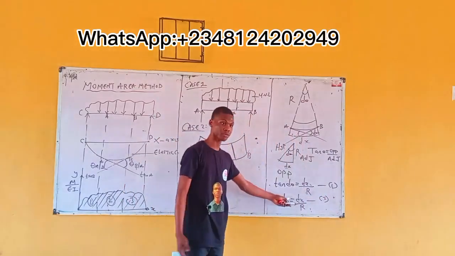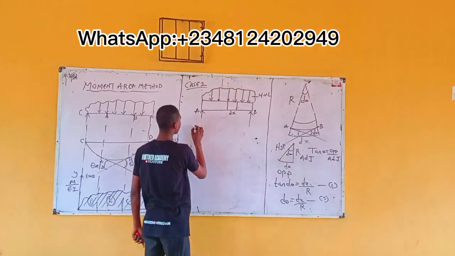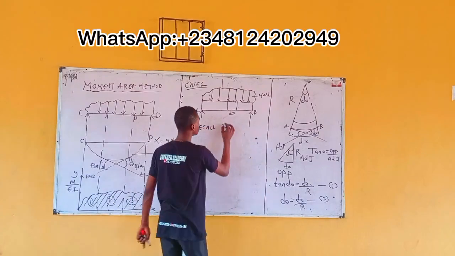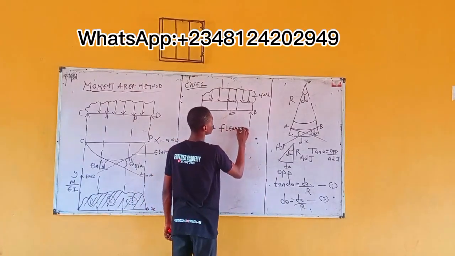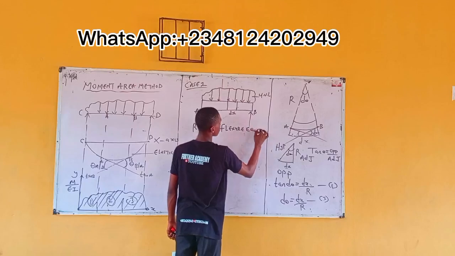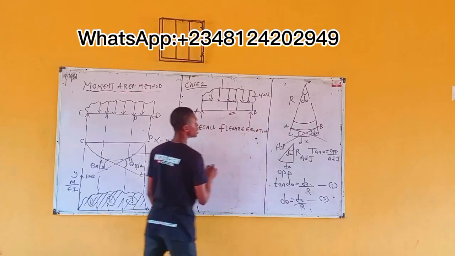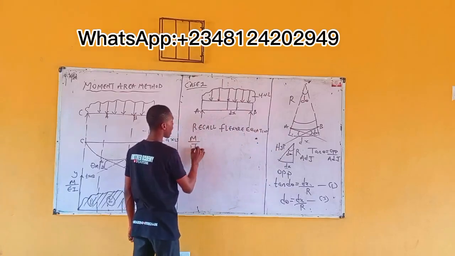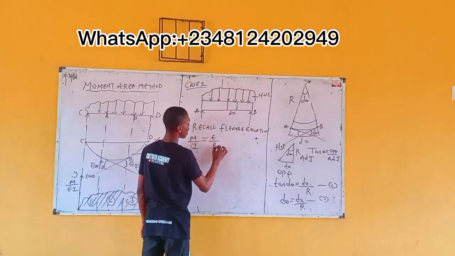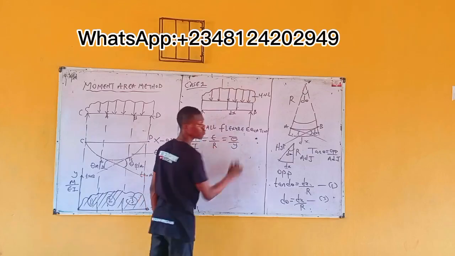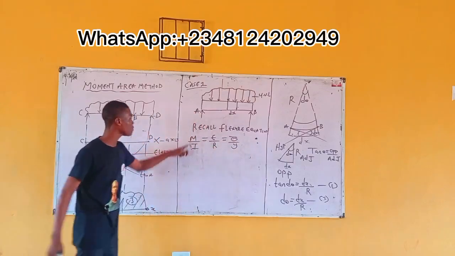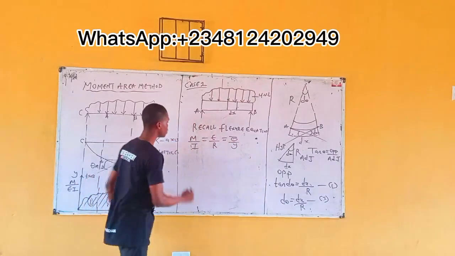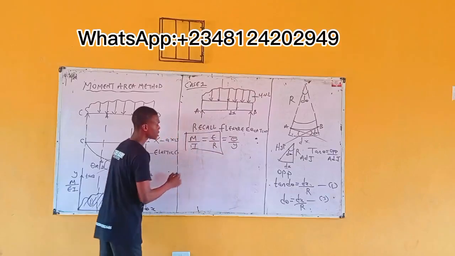So that's it, if you can remember. From equation 2, we recall from the flexure equation, bending stresses in beams, from the flexure equation, M over I is equal to E over R is equal to stress over Y. Using this relation, right?